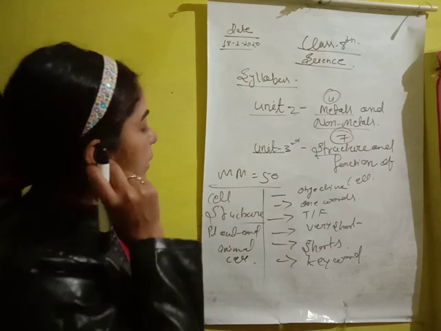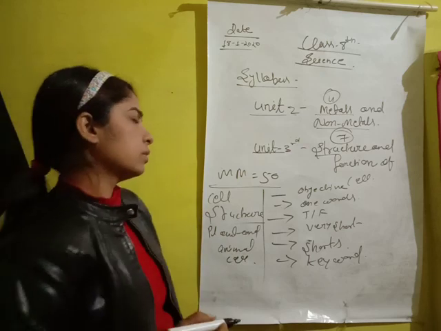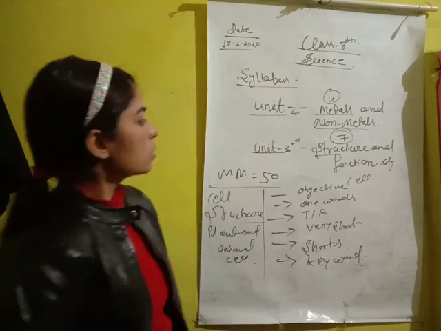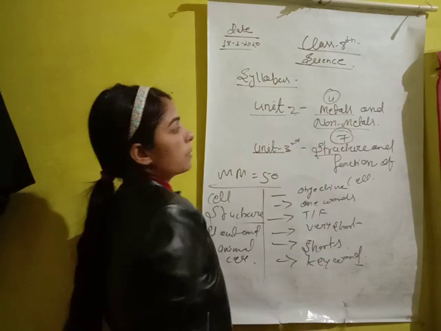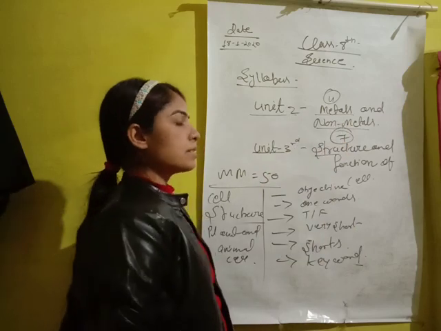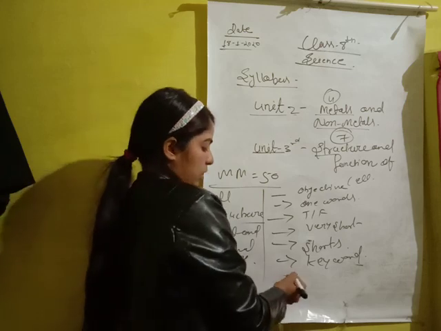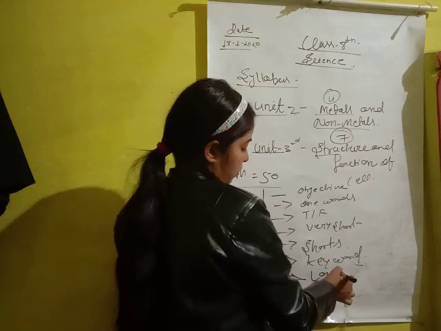Okay, and keywords you have to learn, I told you. So you have to completely prepare your chapters matter and non-matter and structure and function of a cell. Okay, and long answers are also included in this. So you have to prepare the long answers also.